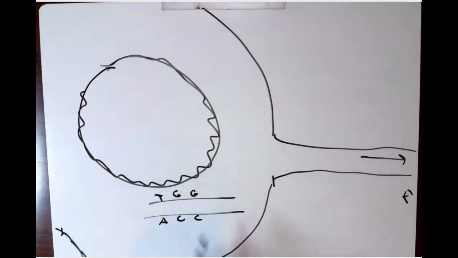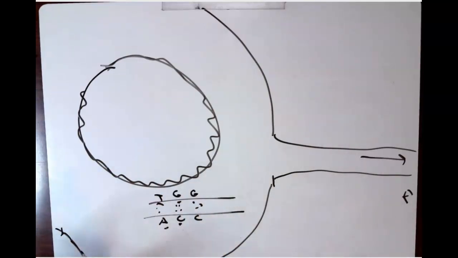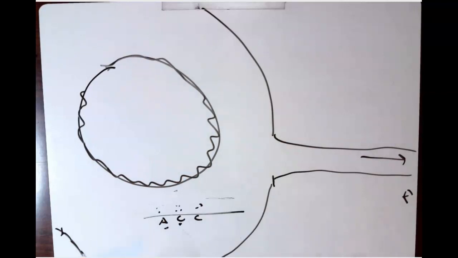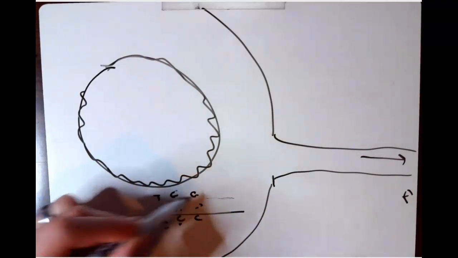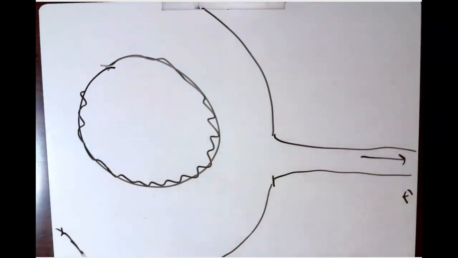When DNA is double-stranded, wherever you have an adenine on one strand, you have a thymine on the other. Wherever you have a cytosine on one strand, you have a guanine on the other. These two bases are held together through hydrogen bonds. DNA that's double-stranded is complementary. If I give you just one strand, you can automatically tell me what the other strand should be, because C's always go with G's and A's always go with T's.